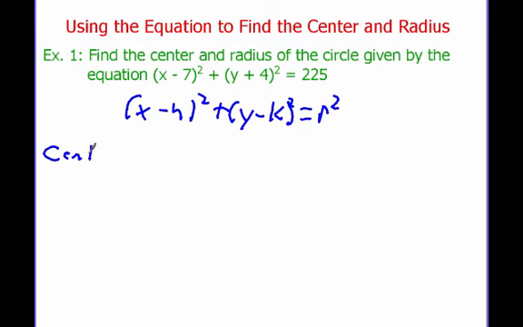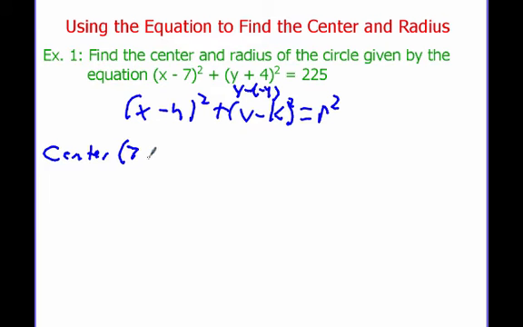If we look through here, we know it's x minus h. Well, here I've got x minus 7, so the x coordinate of my center is 7, and then it's y minus k. Here I have y plus 4. Well, we see this is minus, this is plus. We can think of this y plus 4 as being y minus negative 4.